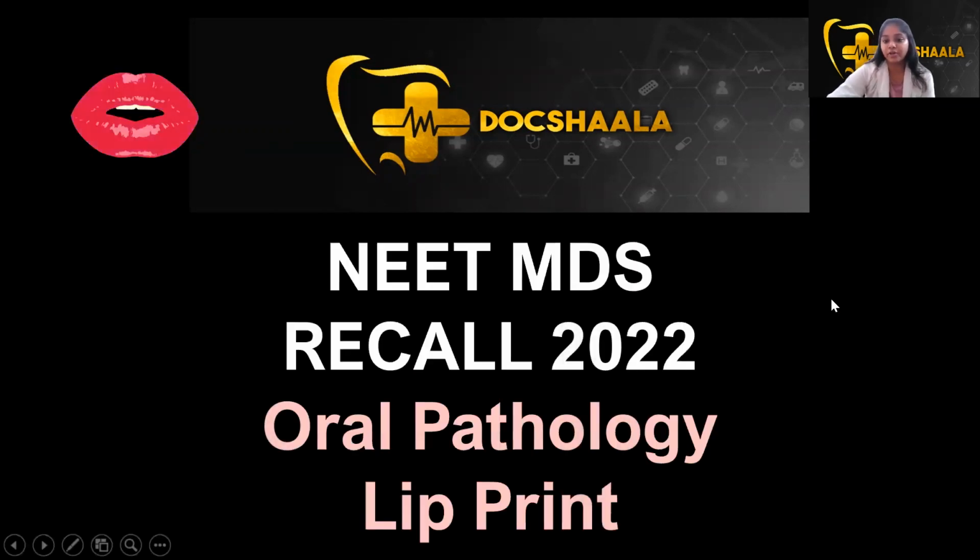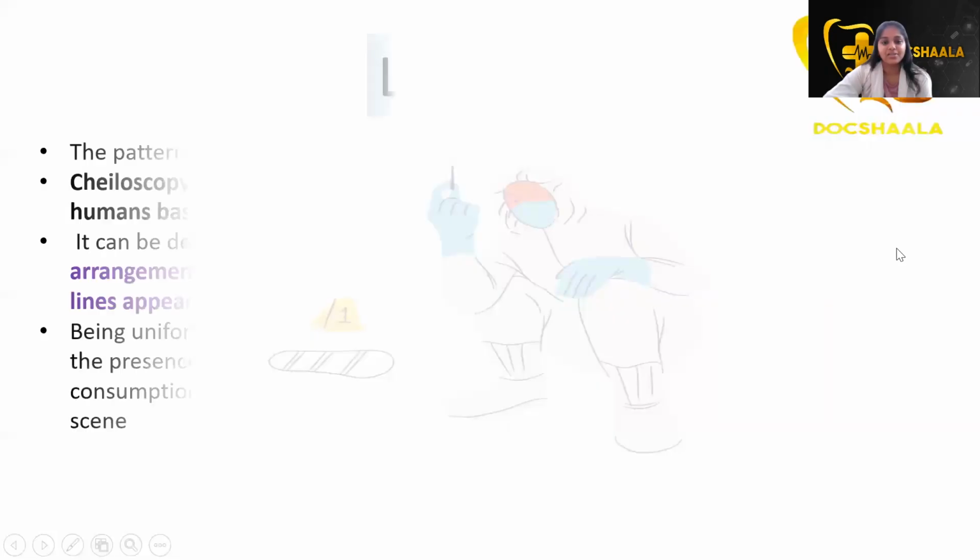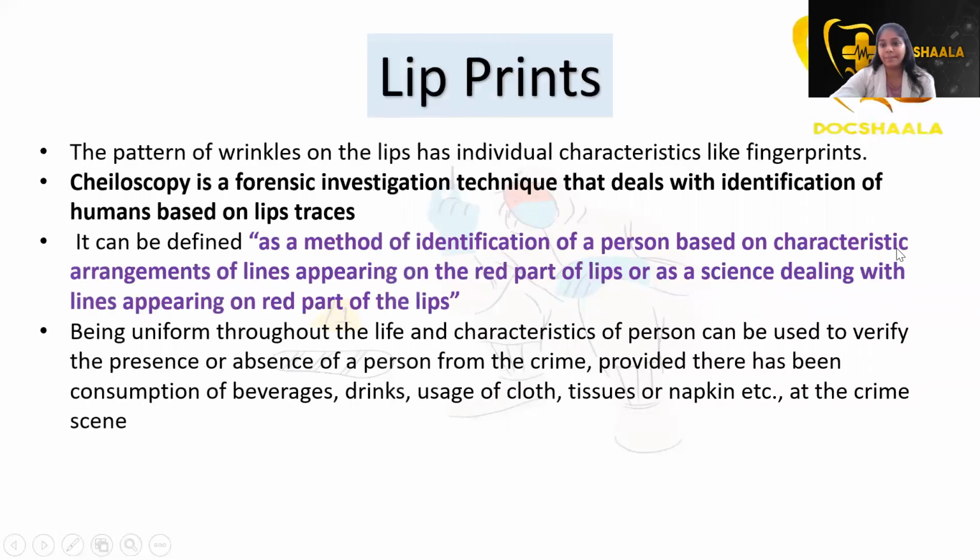In this video, we are going to see about lip print. I think it is the most overlooked part of forensic odontology, which we rarely discuss. So what is a lip print? A lip print is the pattern of the wrinkles that we see on our lips.